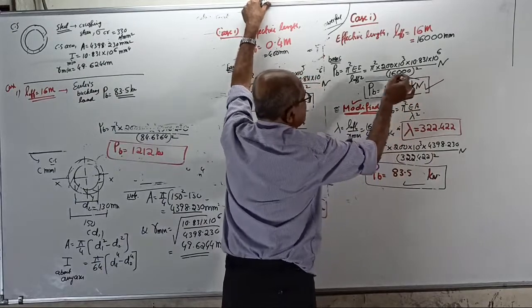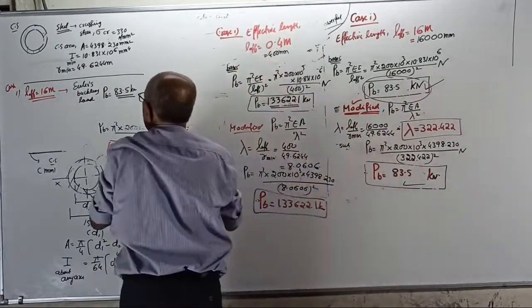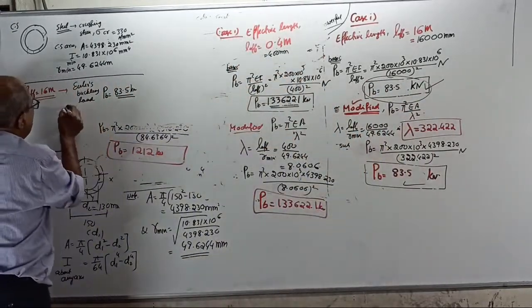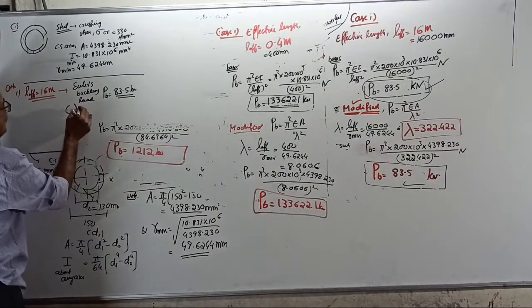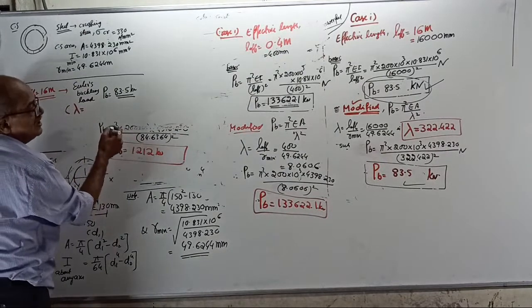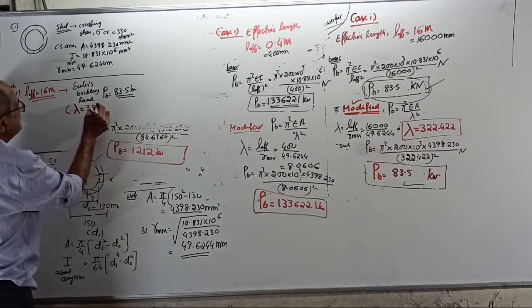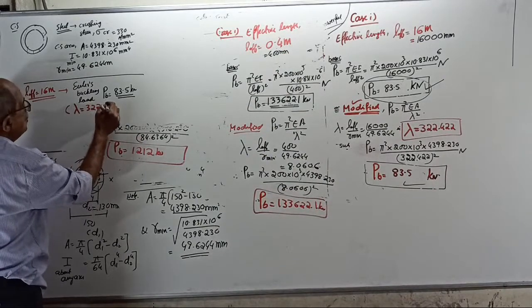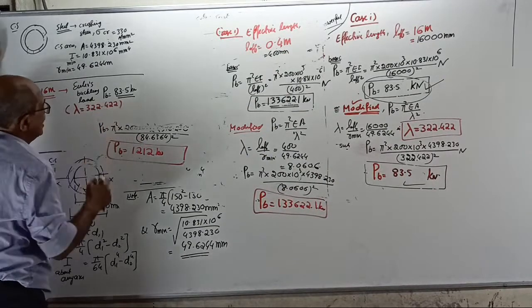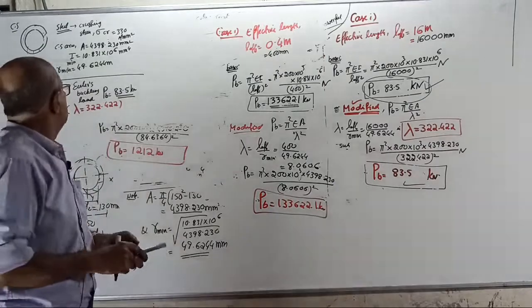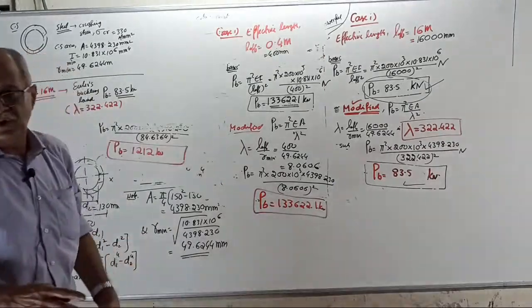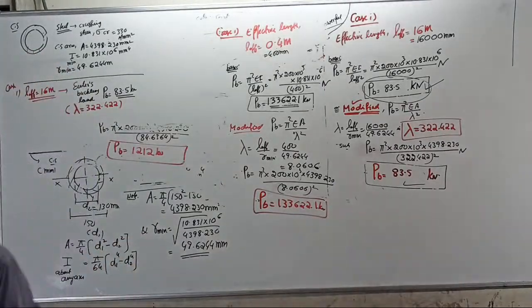You got the answer 83.5 kilonewton. Remember, at that time your lambda was 322.422. Tell me yes or no. I just want a yes or no here.